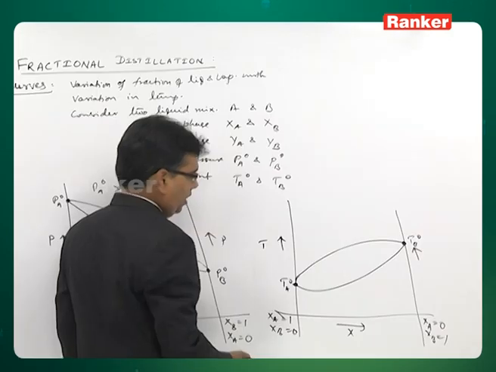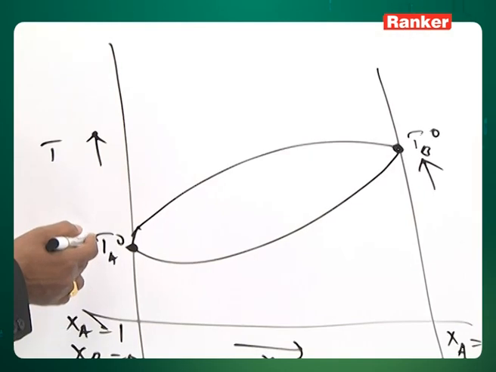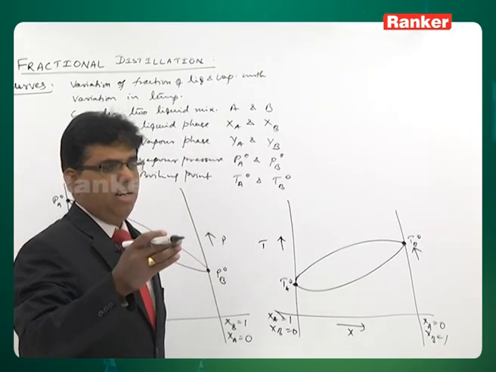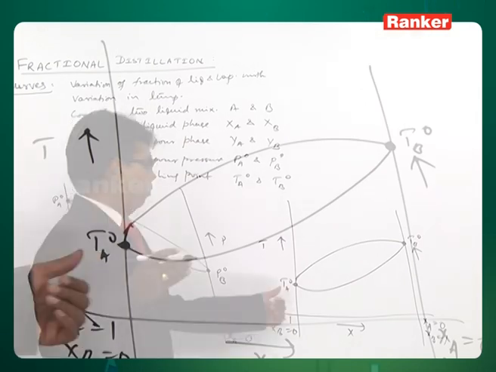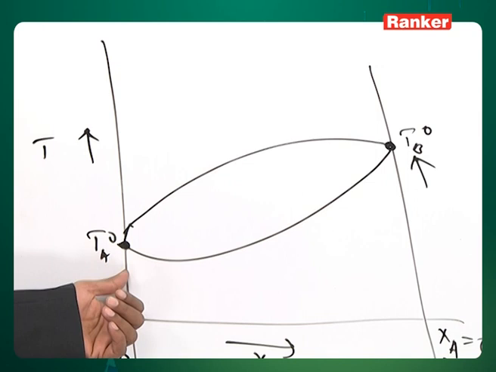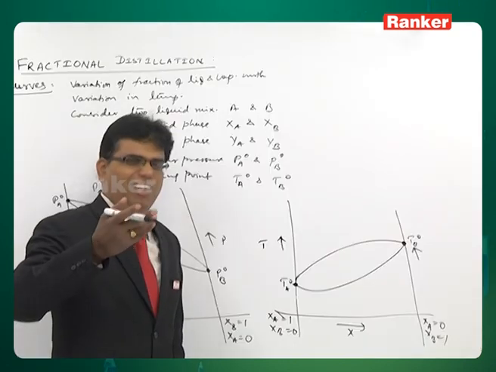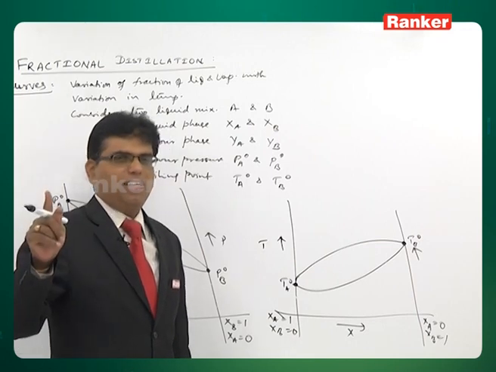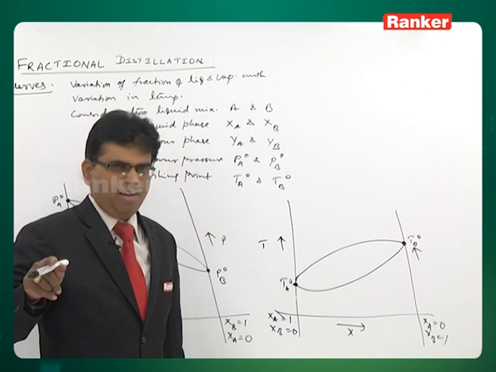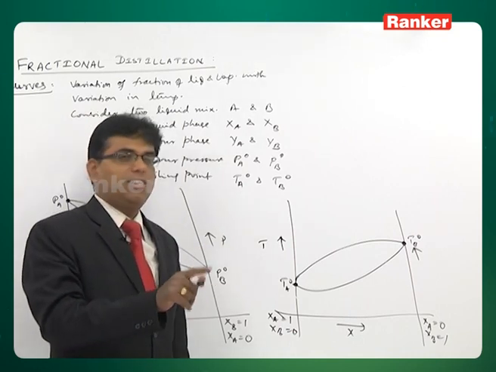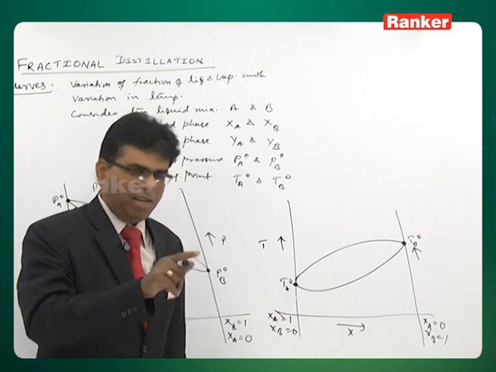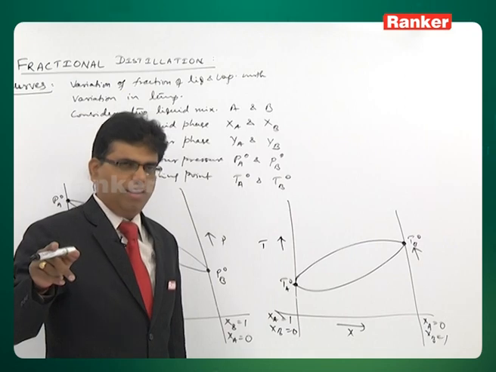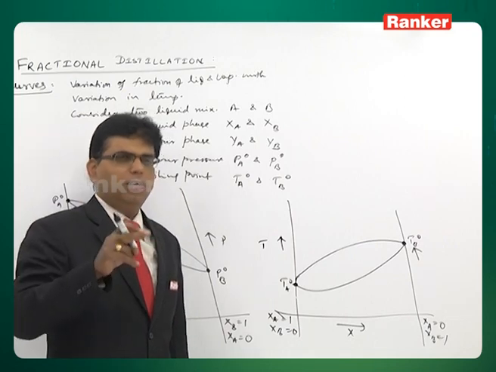For example, in this one, the liquid mixture is of compositions x A and x B, and the boiling point of A is less than the boiling point of B. So, when you start distillation, obviously the distillate will be rich in the more volatile liquid, that is A, and the residual liquid will be rich in the less volatile B. So, the vapor phase will be rich in A, and the liquid phase will be rich in B.